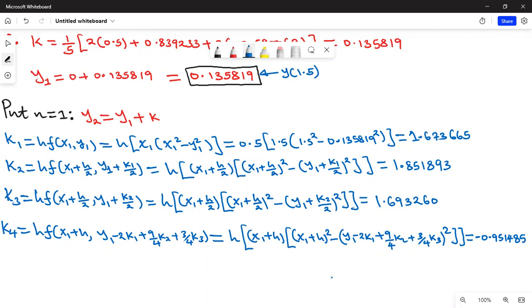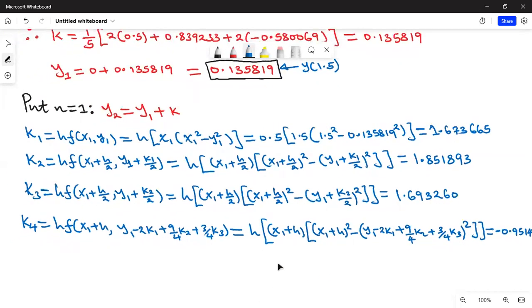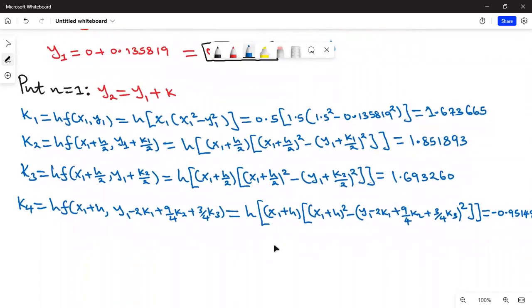Now let's use them to find k. So our k, based on that definition, is equal to 1 over 5 into twice k1.